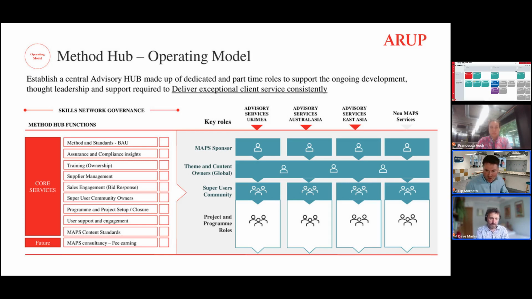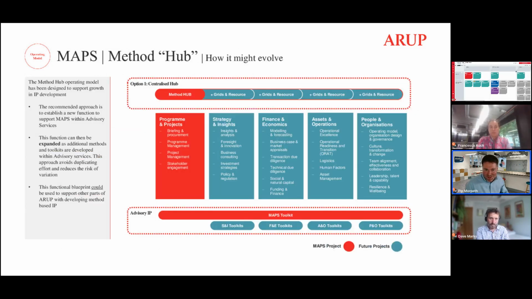Yeah. Okay. And I suppose the Method Hub is just in its infancy, but obviously it's likely to evolve as we expand and grow out the toolkit across other service lines, across advisory services. Yeah, absolutely. It's there to make sure that it becomes part of the Arup way of doing things.